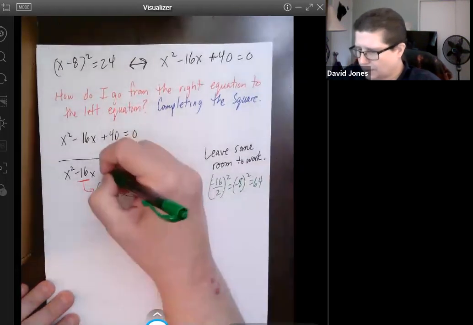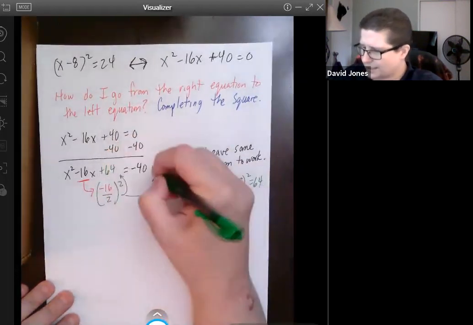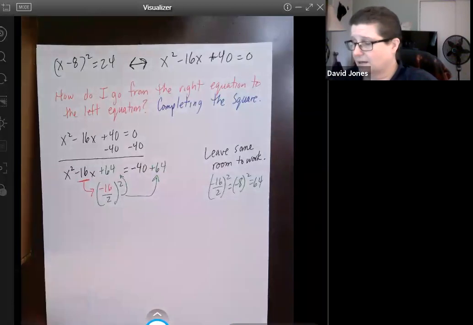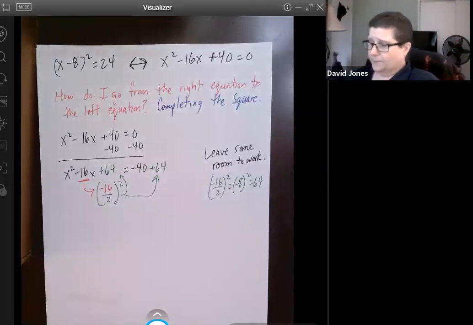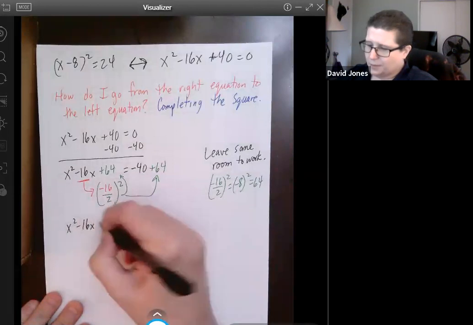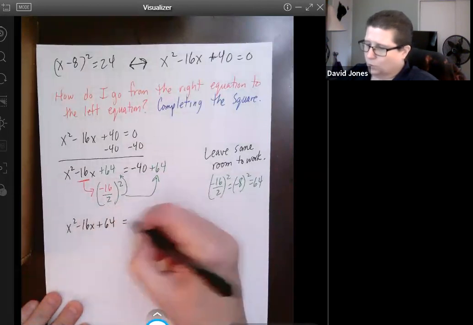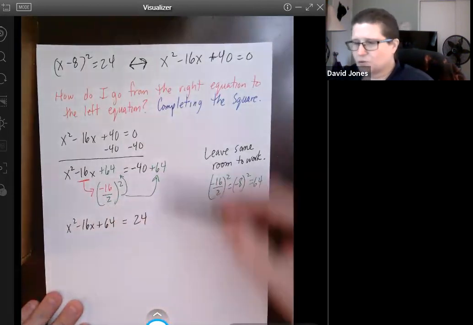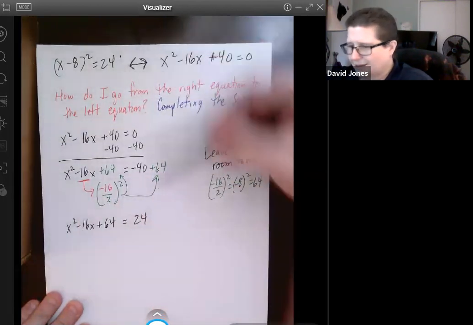I'm going to write plus 64 and plus 64. Okay? I now have x squared minus 16x plus 64 equals 24. Notice we've got the 24s on both sides now.